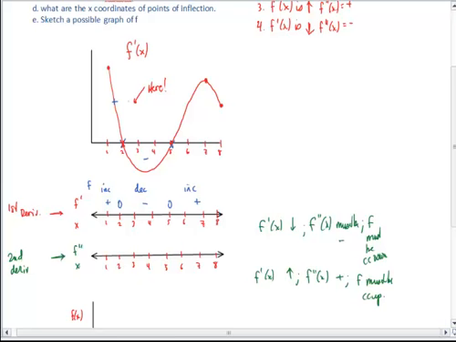For instance, in this region from 1 to 3.5, the derivative is dropping. So right here at 3.5, I'm going to put a 0 value, and you can also note that the derivative graph has horizontal slope, so that's where the second derivative would be 0. So in the region from 1 to 3.5, the second derivative has got to be negative because the derivative graph is dropping.